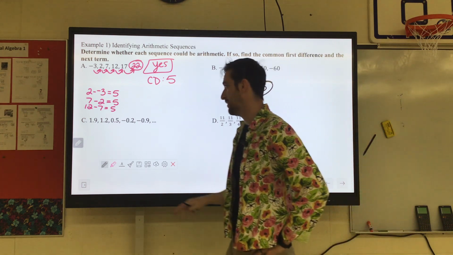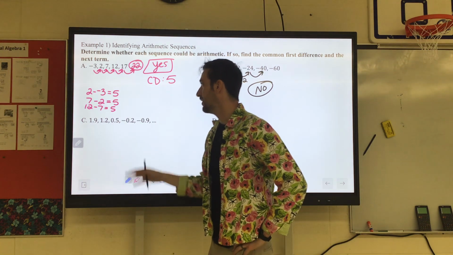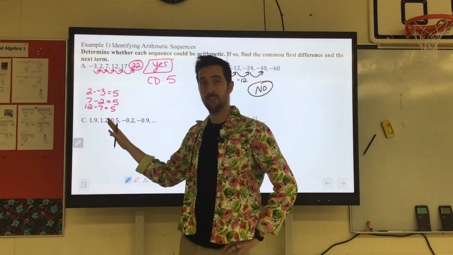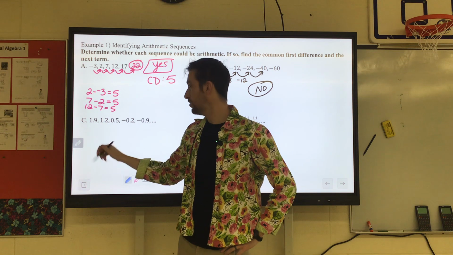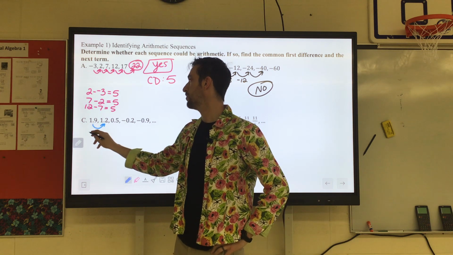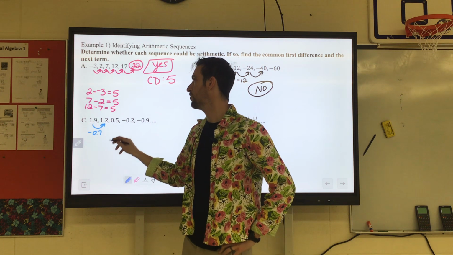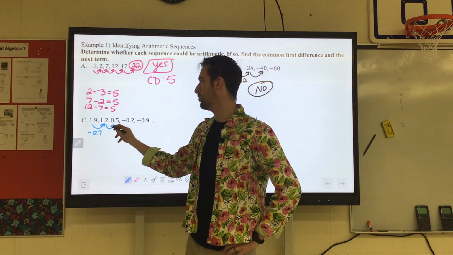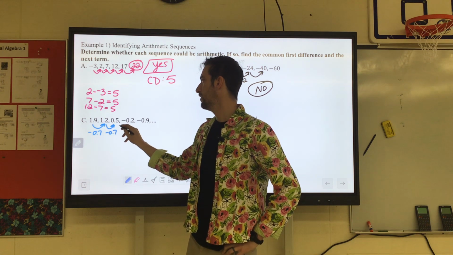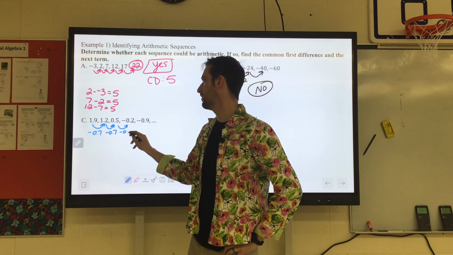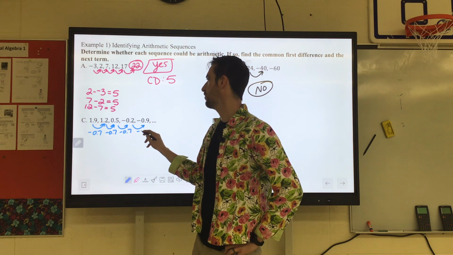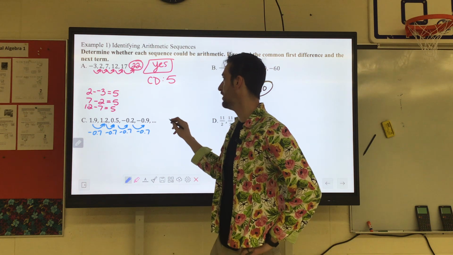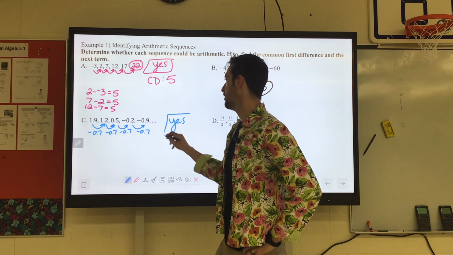Let's go down to C. Now again, I see it's dropping, and that's fine. From 1.9 to 1.2 is dropping down 0.7, so minus 0.7. This also works, minus 0.7, minus 0.7. So every time we're subtracting 0.7. So yes, it's an arithmetic sequence.